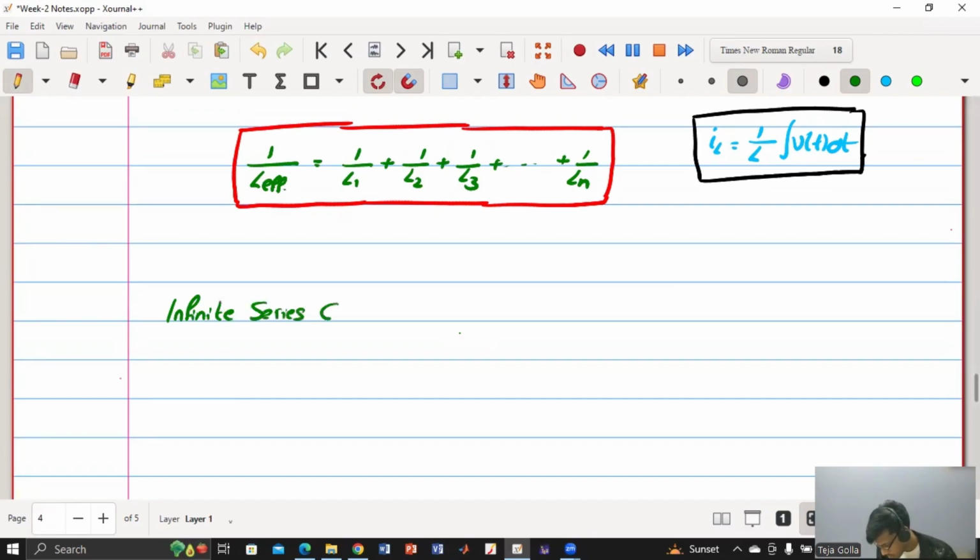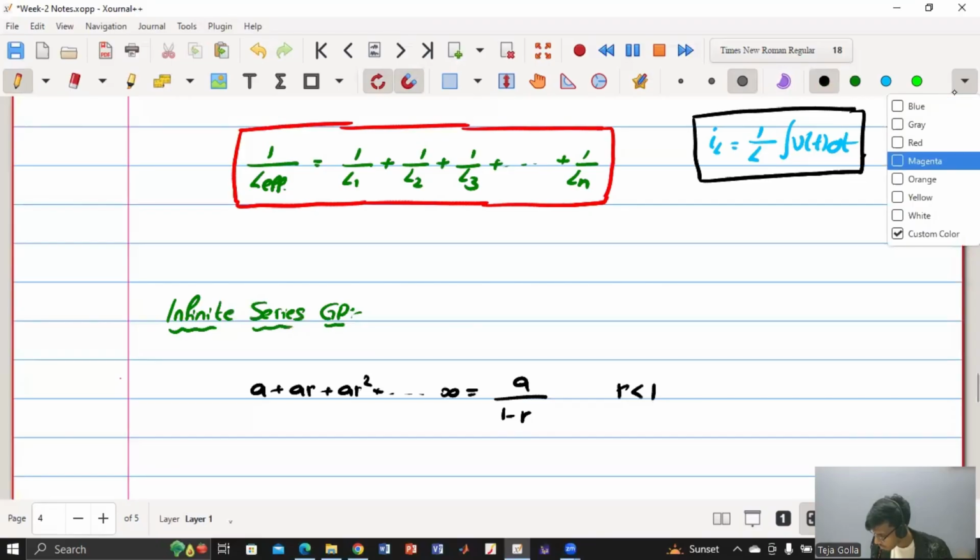GP is geometric progression. There is a formula that A plus AR plus AR square plus up to so on infinity is nothing but A by 1 minus R, provided R is less than 1.